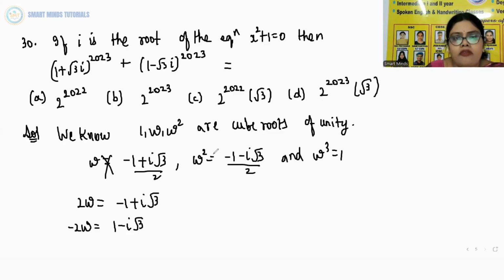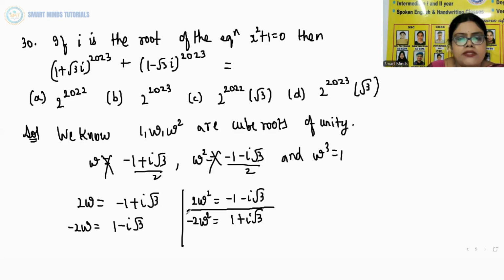And the same way, if we cross multiply, we get 2 omega square is equal to -1 - i root 3. And if you take minus common, you get -2 omega square is equal to 1 + i root 3. So in the question, you have 1 + i root 3 and also 1 - i root 3. So we use these values.